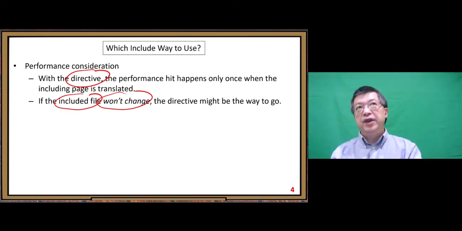Then you may feel the dynamic way can handle that change well, right? But there is another advantage for the dynamic way. Performance-wise, it is slower, but it has some other advantages.